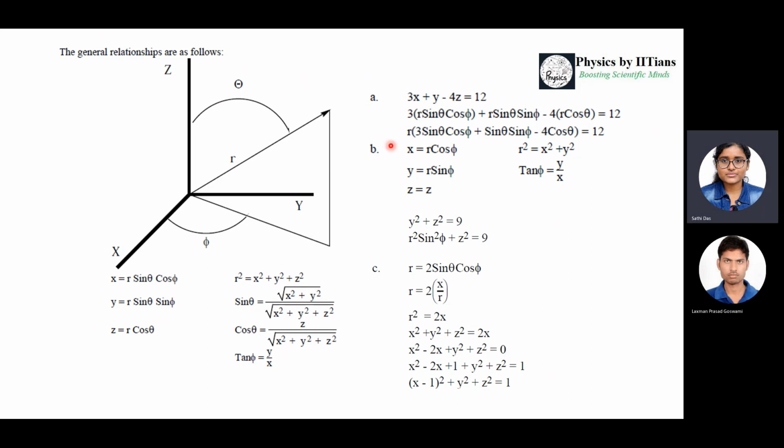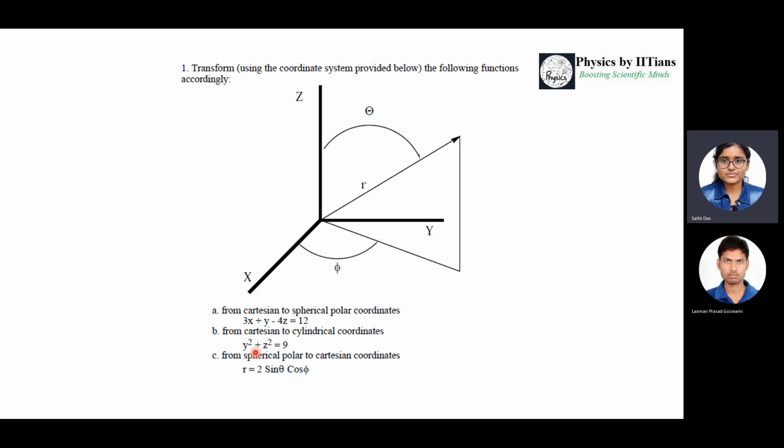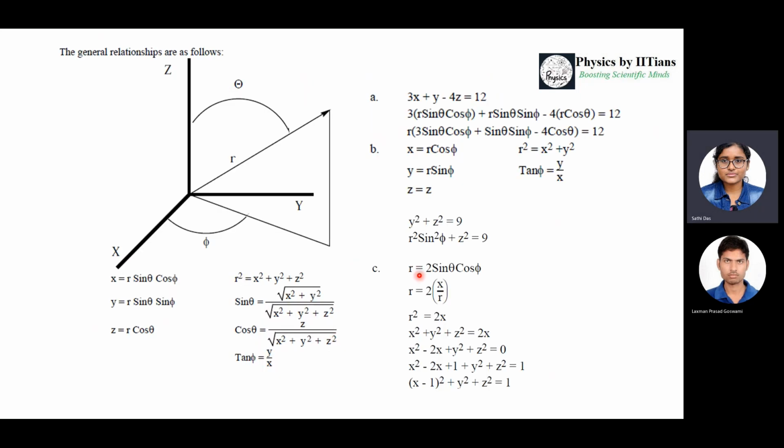The second function is y square plus z square equals 9. From Cartesian, you have to transform it to cylindrical coordinates.